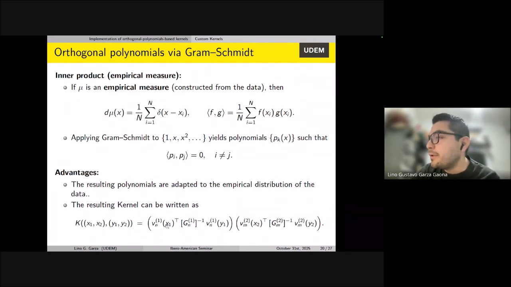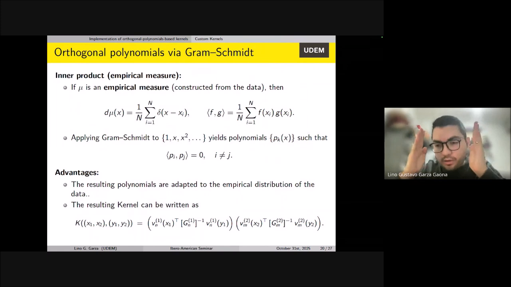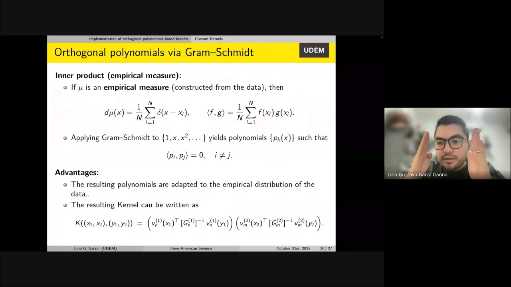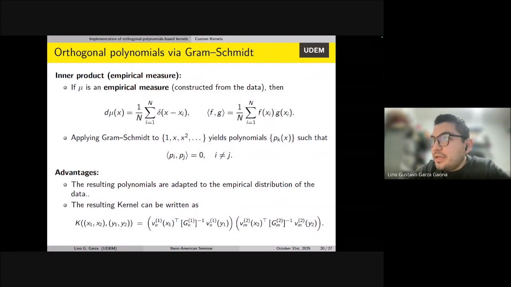These are some vectors evaluated in the data. One of the things of the kernels is that they give you this idea of how far a pair of points are, and that is how it can be useful for classification.